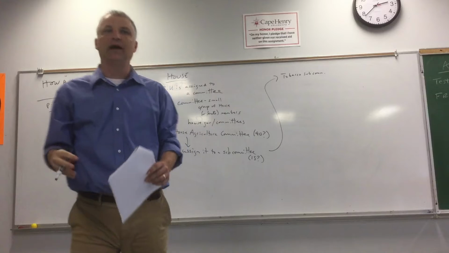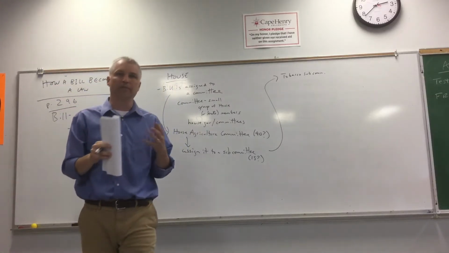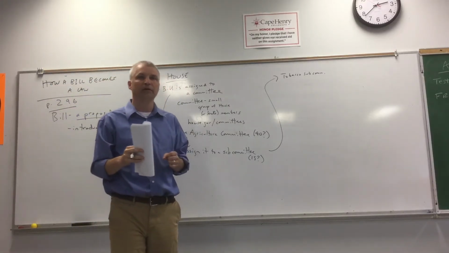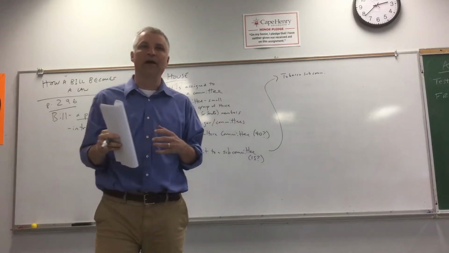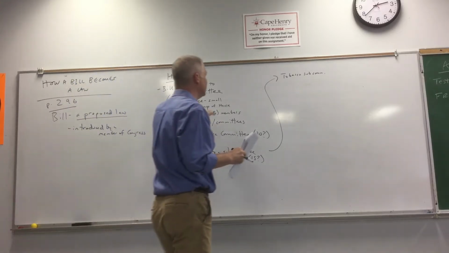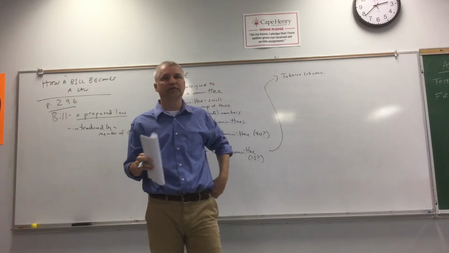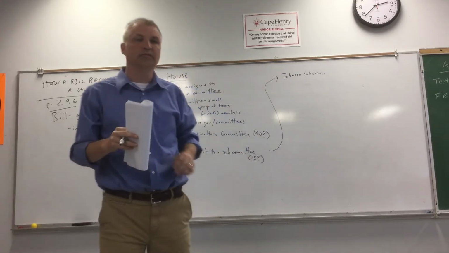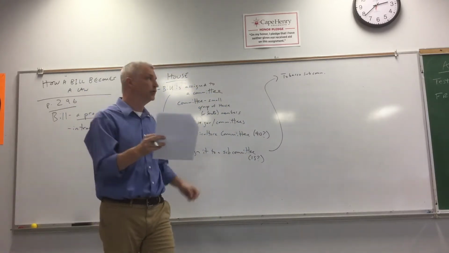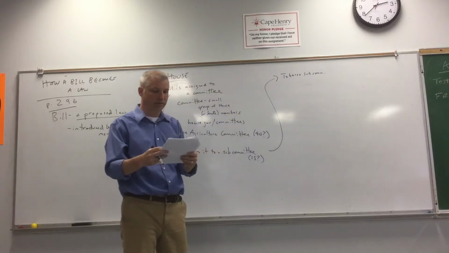The people on the tobacco subcommittee are going to be people who come from areas where there's a lot of tobacco farming, or who for some reason know a lot about it. But again, like the committee, the tobacco subcommittee in the House is going to have a majority of Democrats because there's a majority of Democrats in the House. So the bill gets sort of shoved along, it gets to the subcommittee.